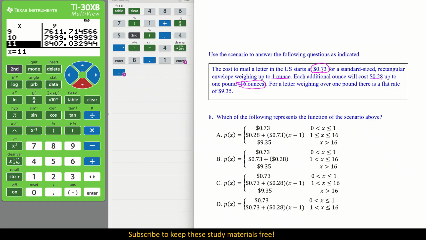Now it says up to 1 ounce. Notice it doesn't say including the ounce, but we do. Let me tell you why. The wording here says each additional ounce costs 28 cents, so that implies that we do include that. It's not just up to, it's including.